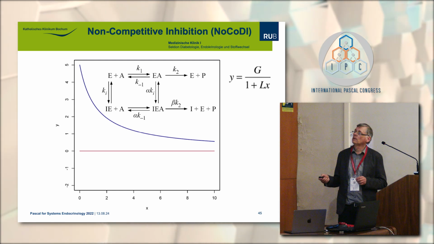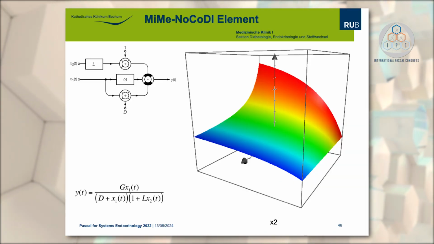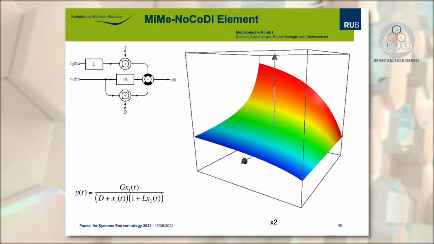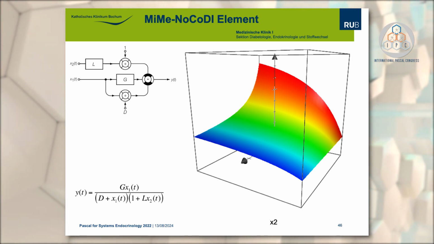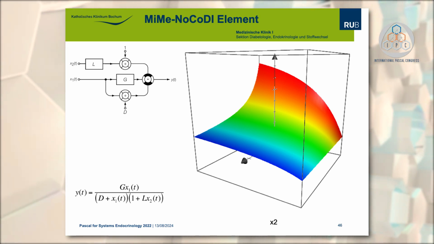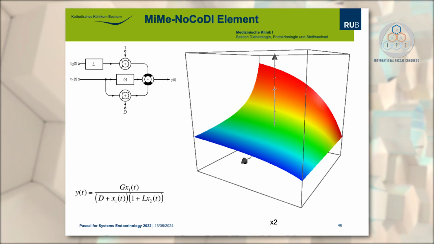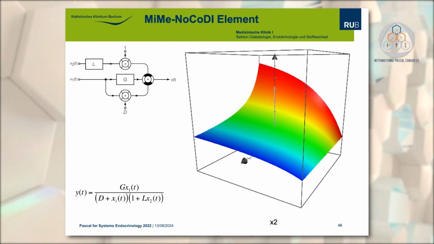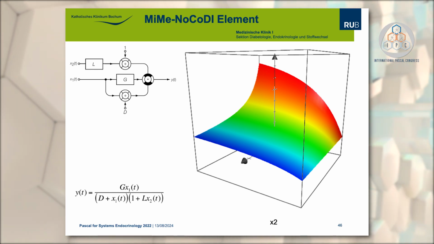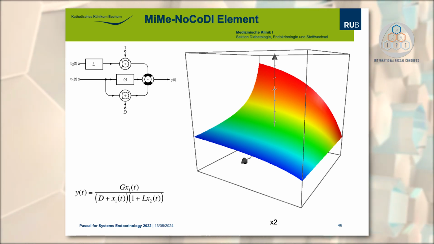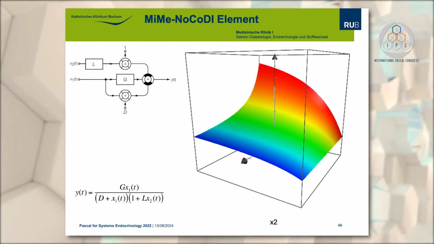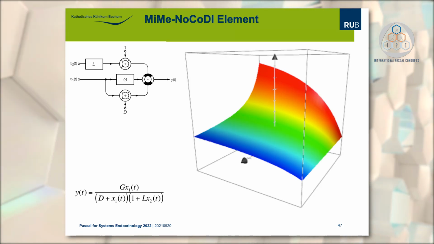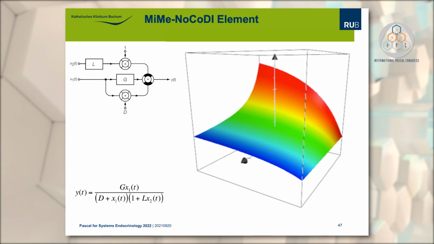This delivers this nonlinear form where we never get a negative input. And of course, we can combine stimulatory and inhibitory inputs to get this MIMINOCODI element, MIM for Michaelis-Menten kinetics, and NOCODI for non-competitive divisive inhibition. In these elements, we can see the stimulation via nonlinear stimulating input, and the nonlinear inhibition by the inhibitor.